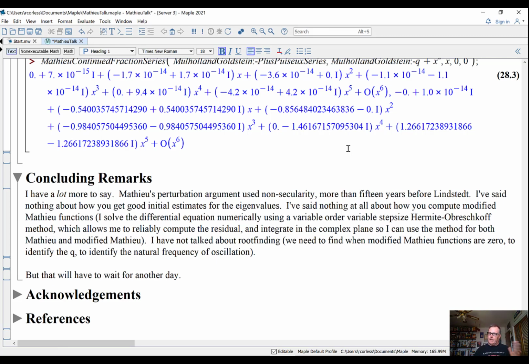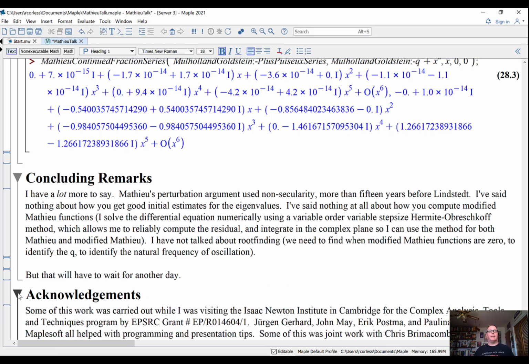And again, it's not clear to me that that's beatable by any method. But I wanted something that I could independently test and could use, especially that I could attack these double eigenvalues from. That's why I did that. I didn't talk about the method of root finding. We need to be able to root find in Q in order to match the boundary conditions on ellipses. Sorry, just going to have to wait for another day for those things.